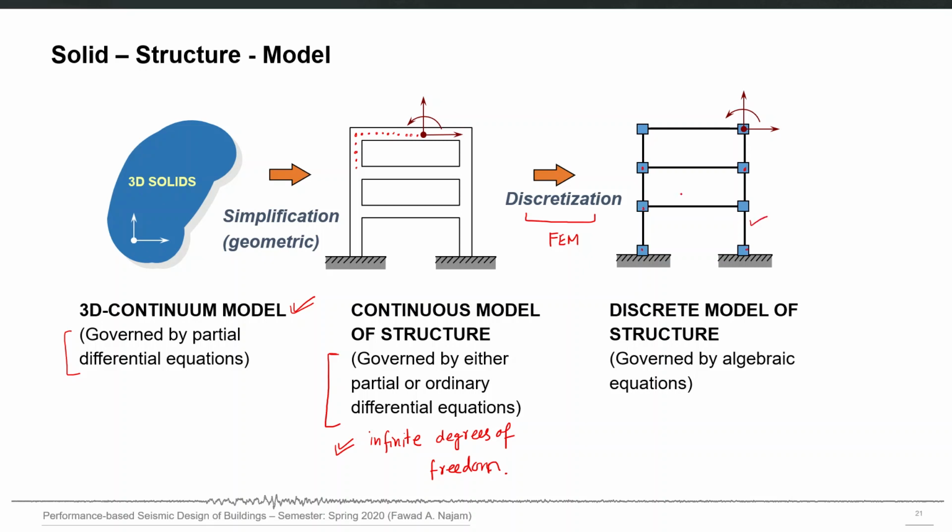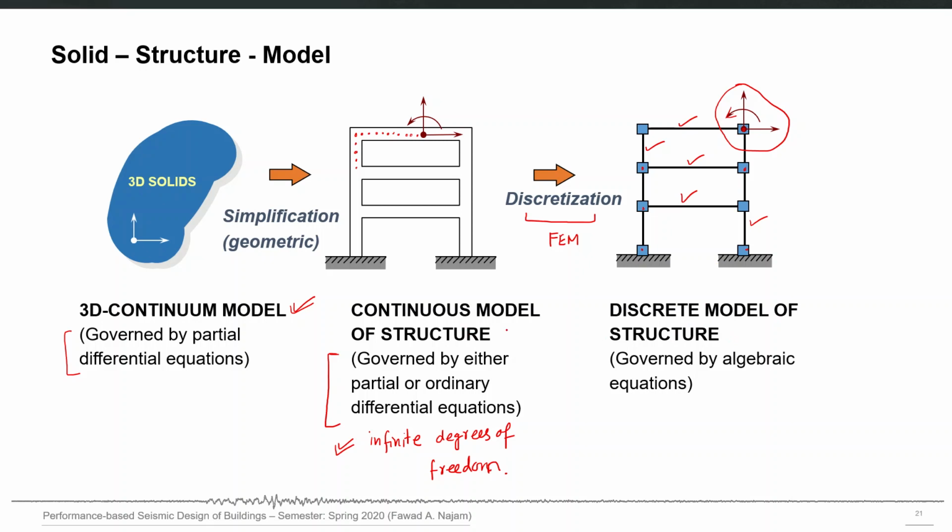These elements, this one for example, or this one or this one, are finite elements connected by nodes, and degrees of freedom are only allowed at the nodes. For example, here at this node we have 3 degrees of freedom, 2 translations and 1 rotation. So this is called a discrete model of a structure.